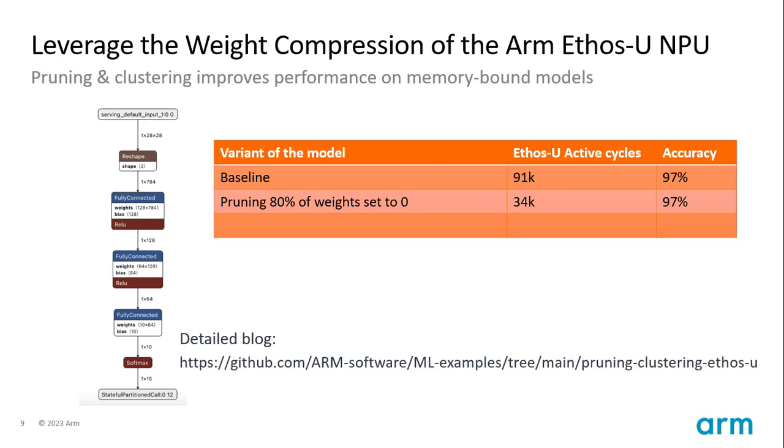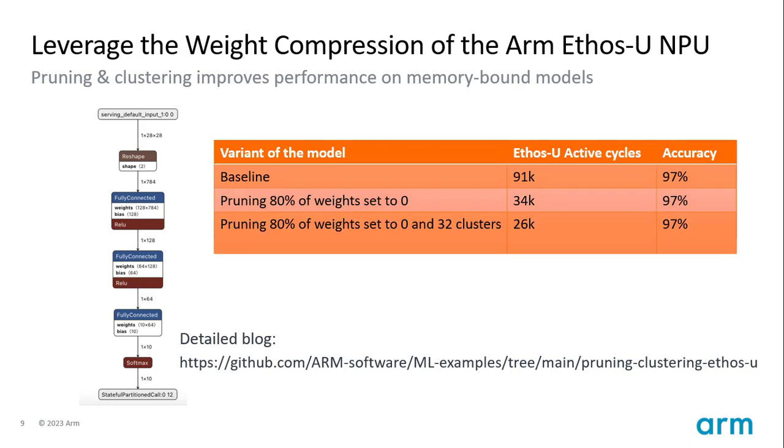For this model, I'm using the MNIST dataset, and that's where the accuracy figure is coming from. And lastly, in addition to the pruning, I'm also going to apply clustering. So I'm going to be using 32 clusters of weights. And as you can see, this adds an even further uplift in the performance.